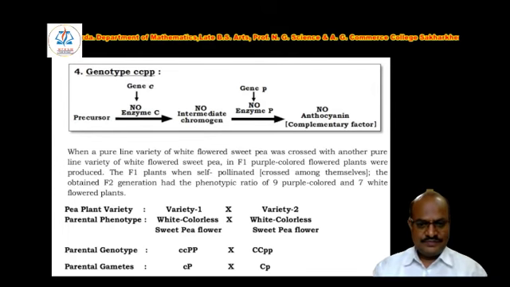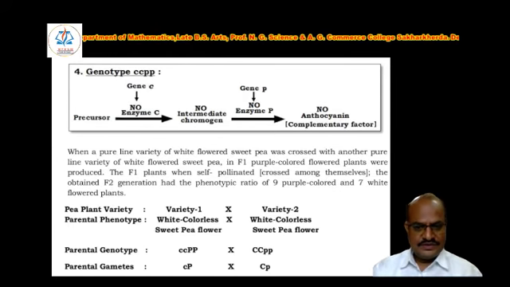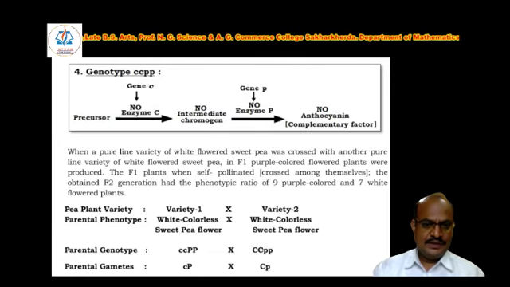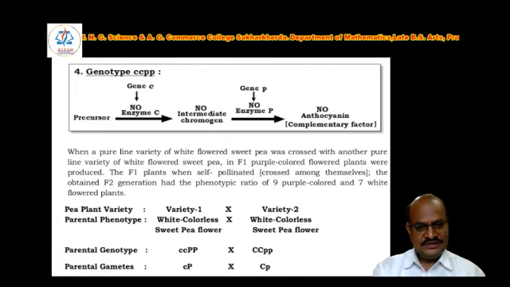Here is the first variety, white colorless sweet pea flower. In the second variety, both flowers have white color, but the genes will be different. In the first variety, capital P is present.